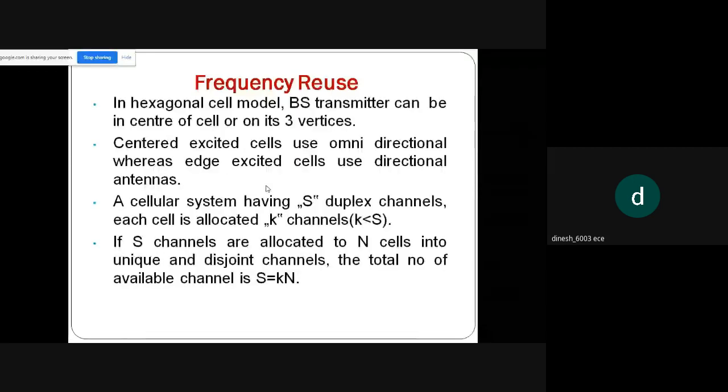Basically, concept-wise, the hexagonal shape model is being used. So in the hexagonal cell model, the base station (BS) transmitter is at the center of the cell or on its 3 vertices. I think you are familiar with vertices.